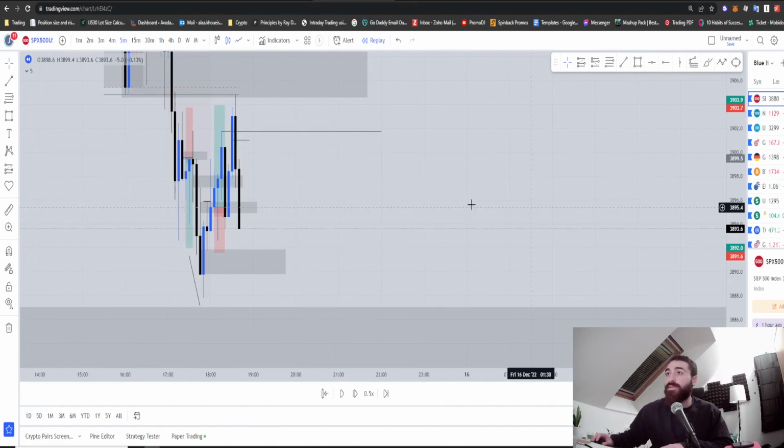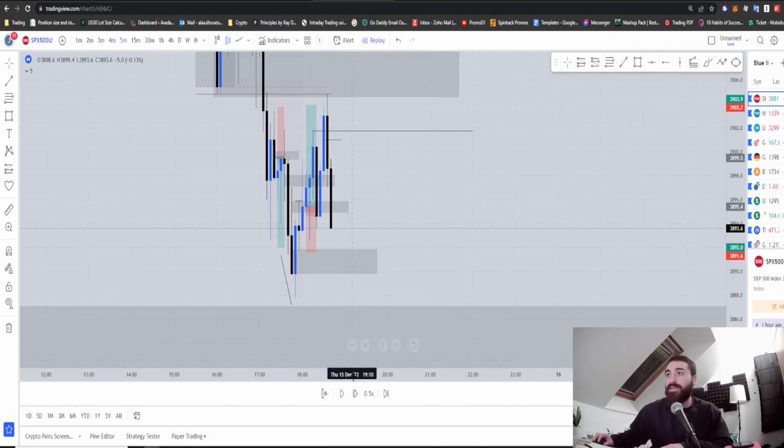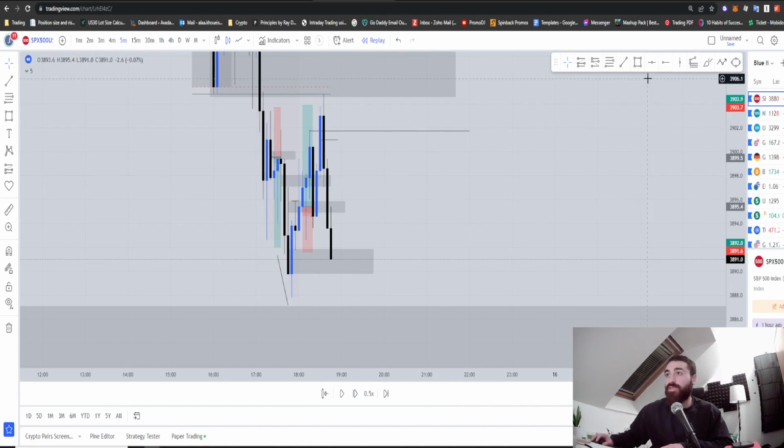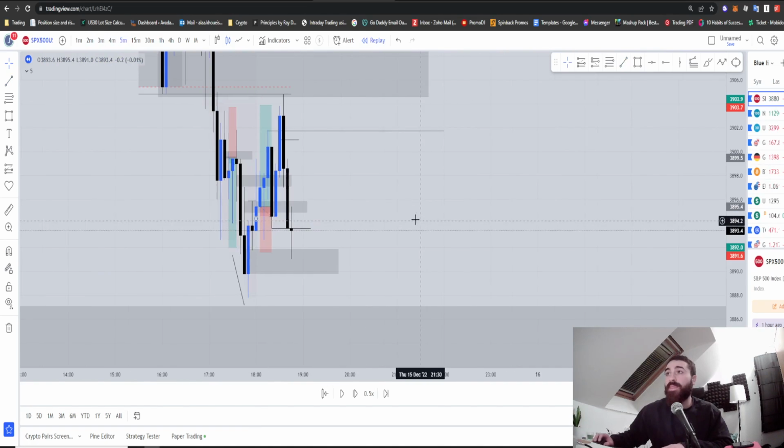So what happened is I waited for the 5 minute, and as we can see, a very big impulsive move on the 5 minute. We broke structure right here. Okay, we broke structure right here, and then I saw, let me remove this, I saw this fair value gap on the 5 minute time frame.